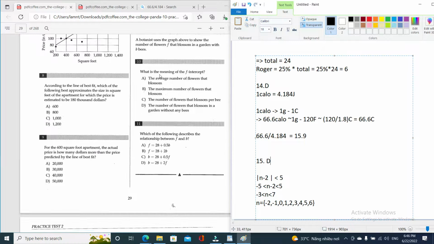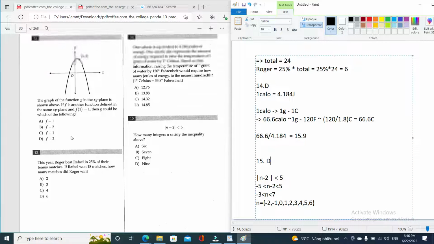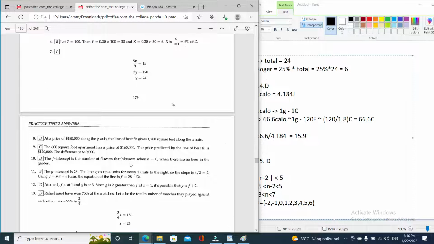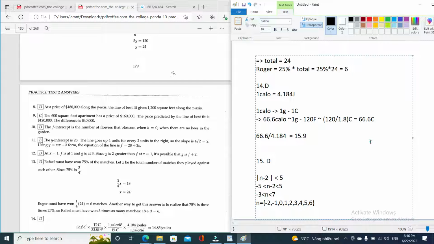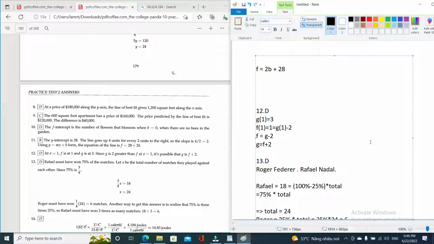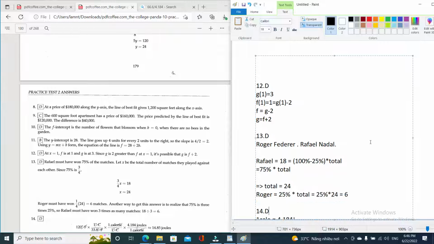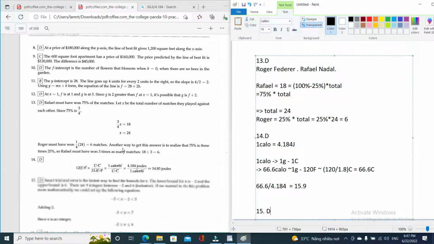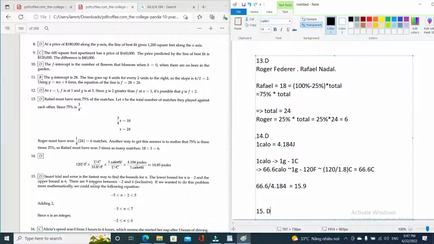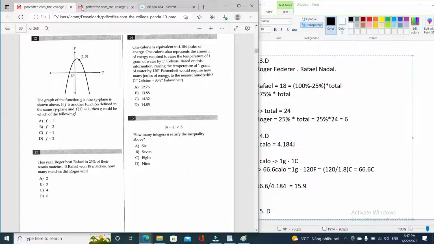We have checked number 10 and 11 already, so let's check 12. 12 is D. 13 is D. 14 is also D. So how's my calculation? Turn F to C. So not 33 by 8; there was some mistake in my calculation here.